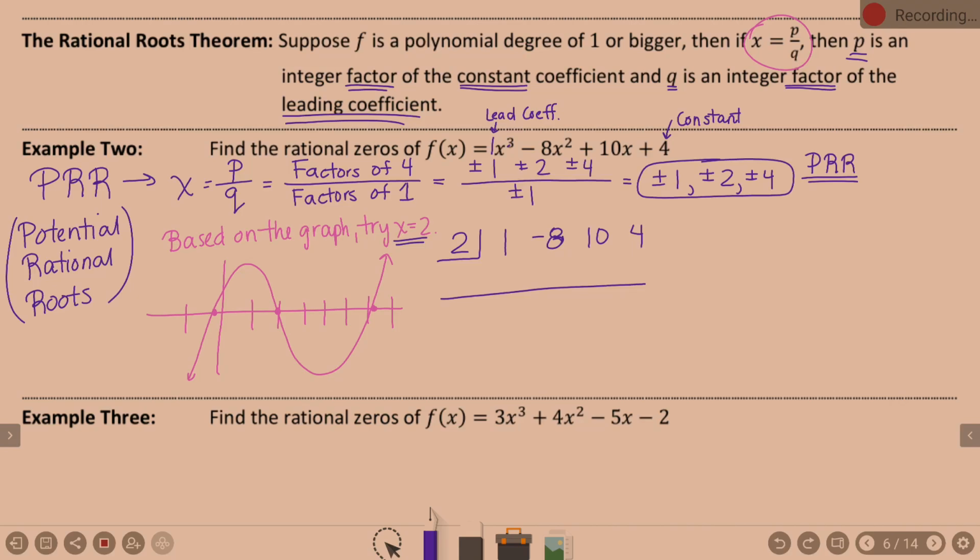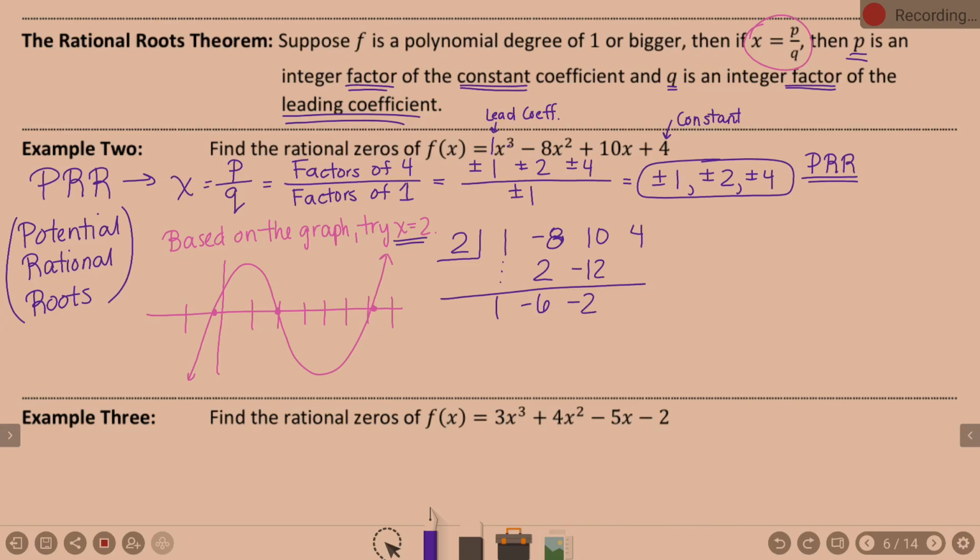You know how to do synthetic division now, right? We're going to drop the 1. We're going to multiply. 2 times 1 is 2. We're going to add. Negative 8 plus 2 is negative 6. We're going to multiply. 2 times negative 6 is negative 12. I'm going to add. 10 plus negative 12 is negative 2.